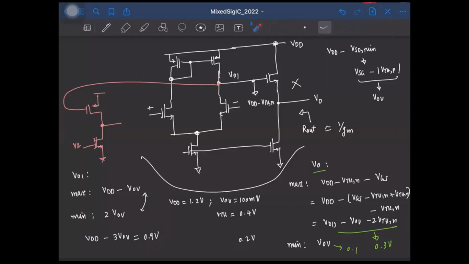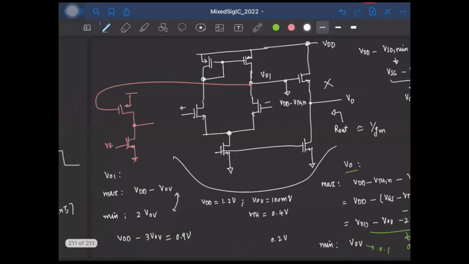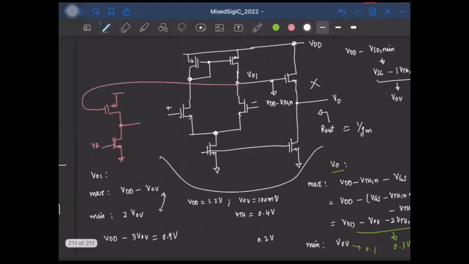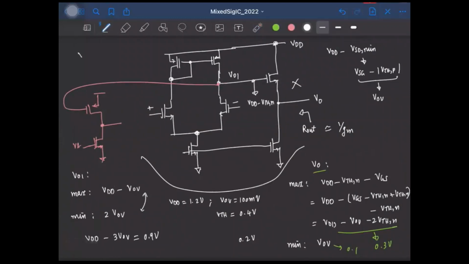And the moment we don't use the buffer here, the output impedance is no longer small, right? So this is no longer the ideal voltage controlled voltage source that we had here, right? And what we end up with is a voltage controlled current source that has a fixed transconductance GM and a high output impedance, right?